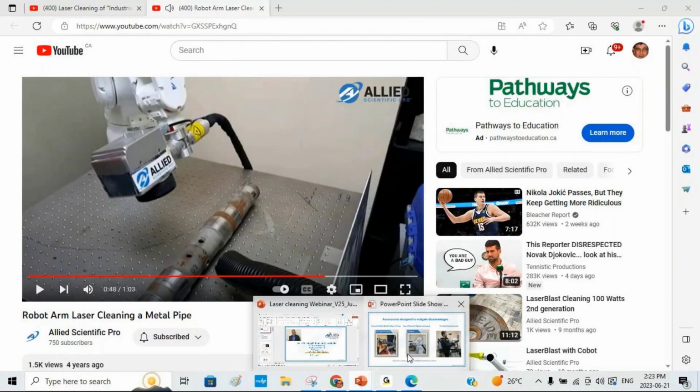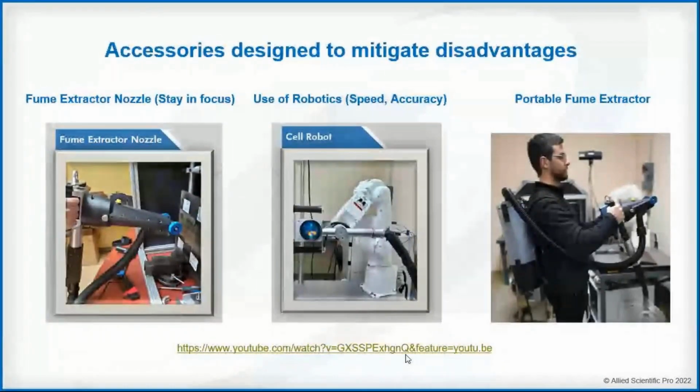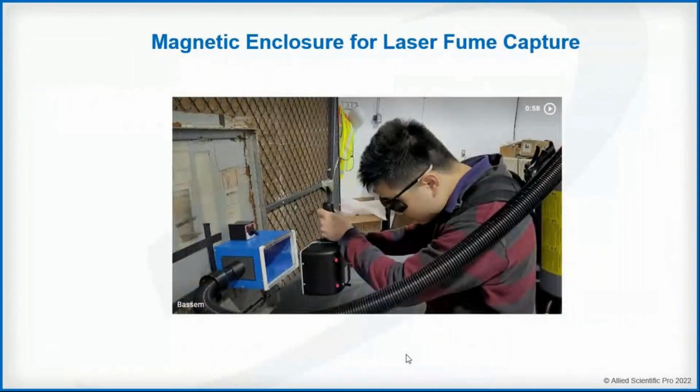Okay, moving on, we go to another accessory that has been recently designed and used. It's called the magnetic box, or magnetic enclosure for laser fume capture. This box has some transparent windows, and on one side you can attach the nozzle for the vacuum pump.